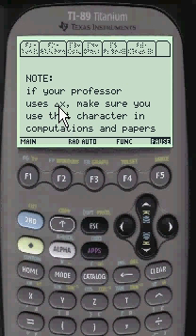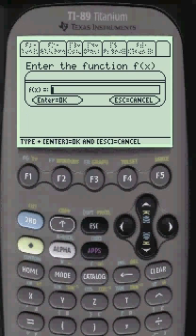Delta X is used in some professors' teachings, so make sure you use that instead of H. Every H would be delta X, okay? Same thing. A little more difficult to use your algebra with that than H, but professors love to screw you up any way they can.